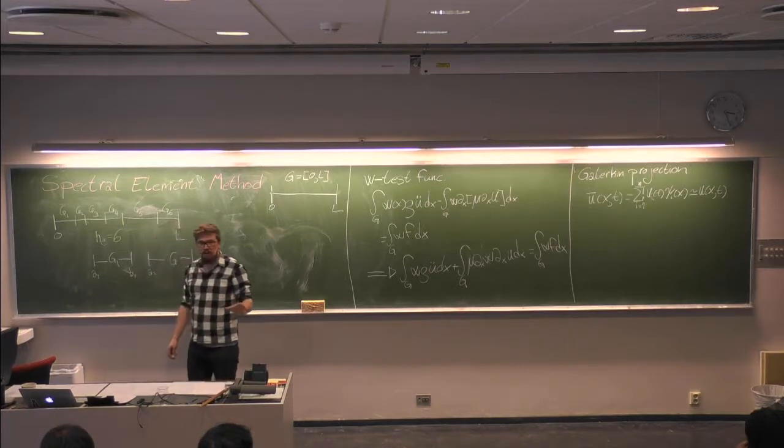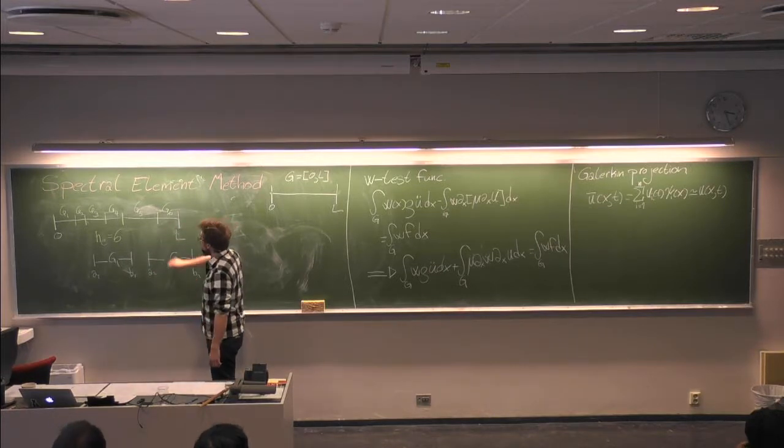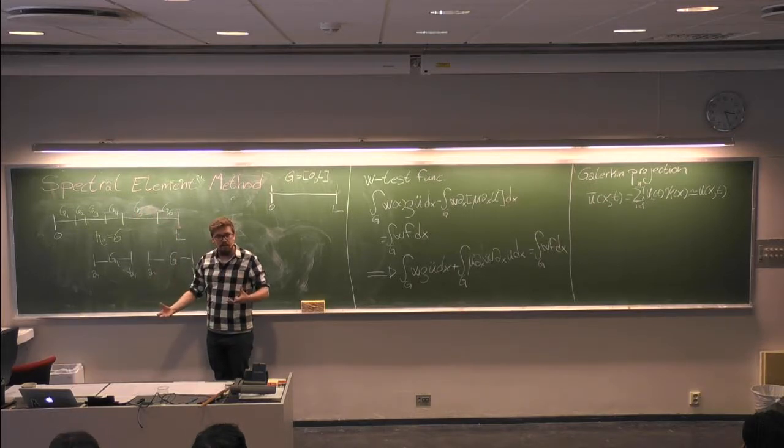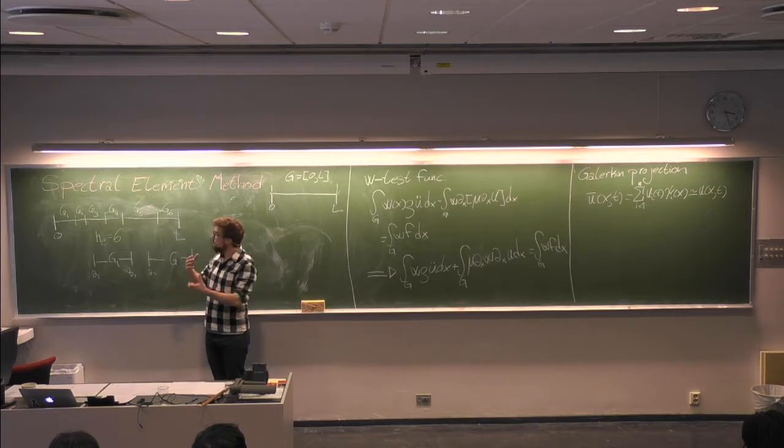The only thing required of this partition is that each of the elements are disjoint, meaning that they don't overlap, and the union of all the elements is the full interval, or the full space we're working on.